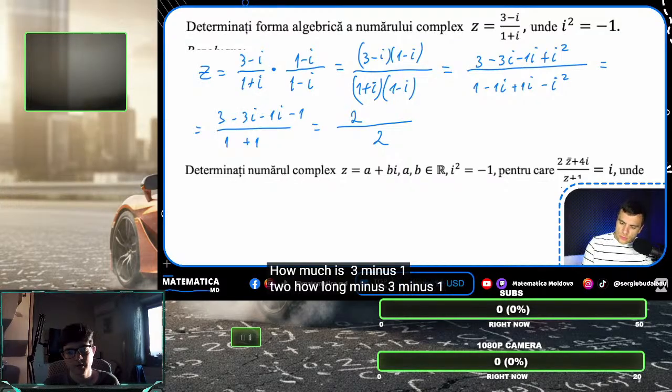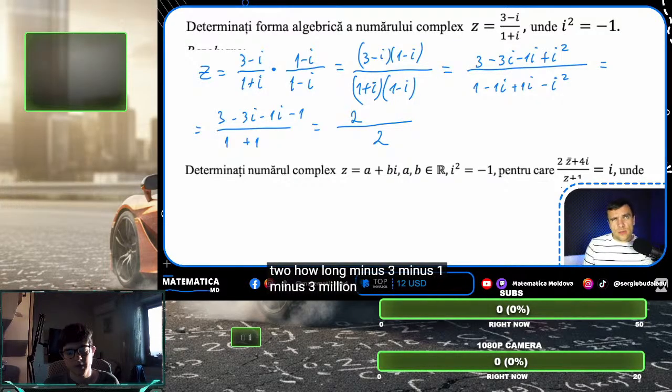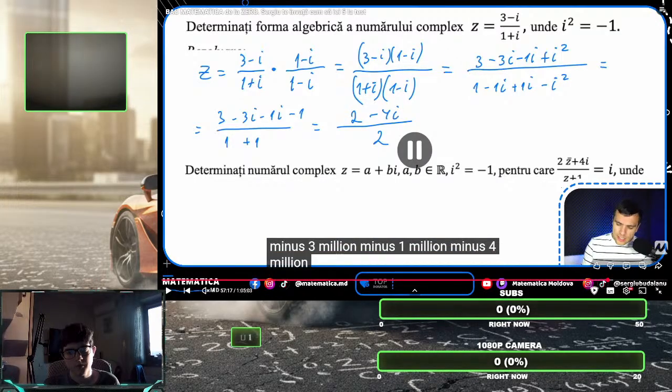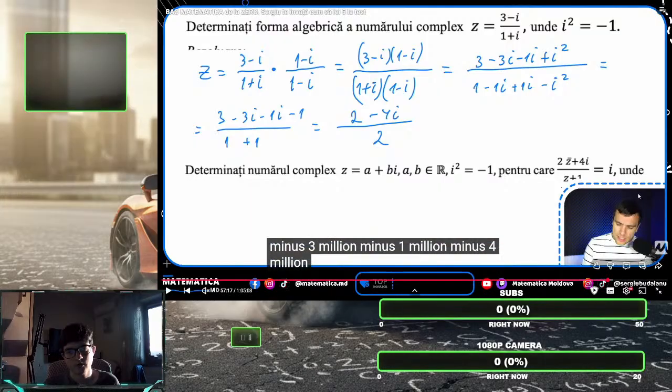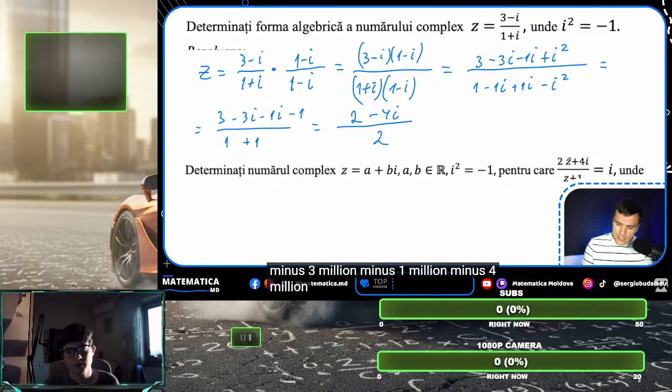And from here, I think we can take the common term from the expression on top. We can put 2 up front and open parentheses, it's going to be 1 minus 2i. And this way I can simplify the 2, so the answer is 1 minus 2i.